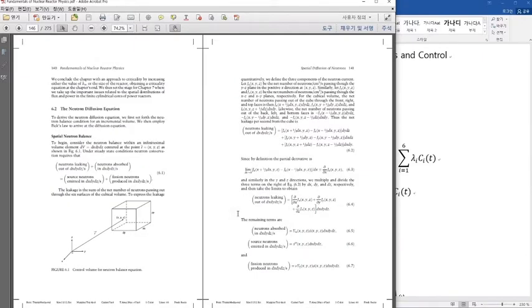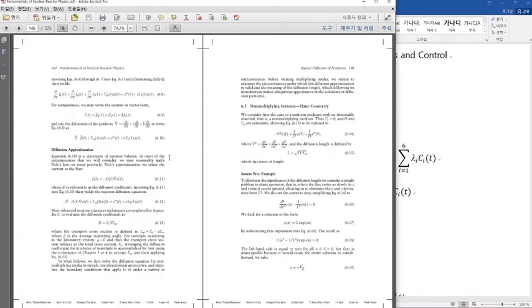We have the neutron balance equation, and then we applied the diffusion approximation, the so-called Fick's approximation, and derived the steady state diffusion equation. We applied this diffusion equation to different geometries.